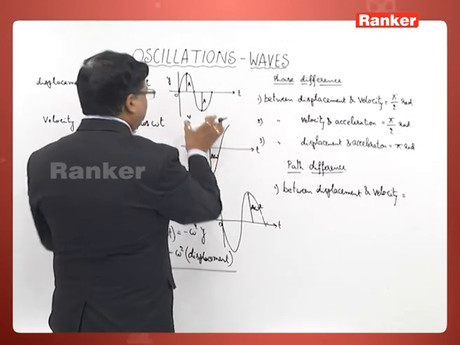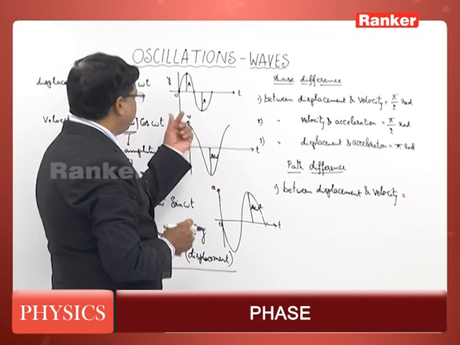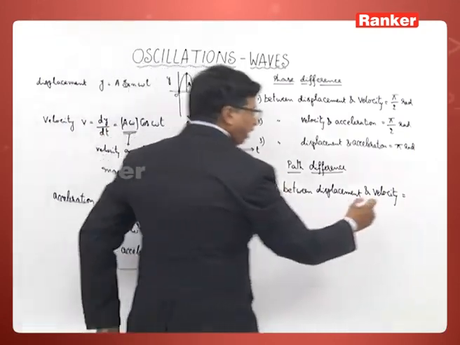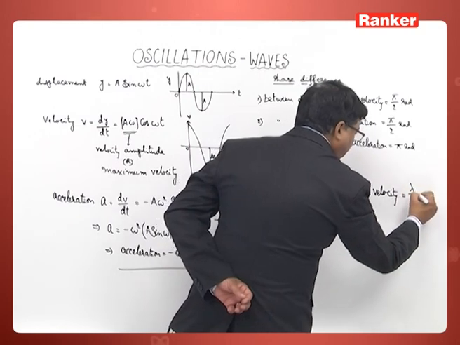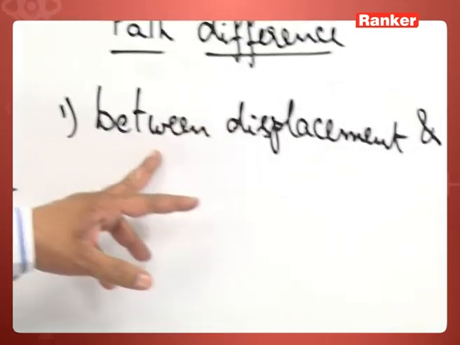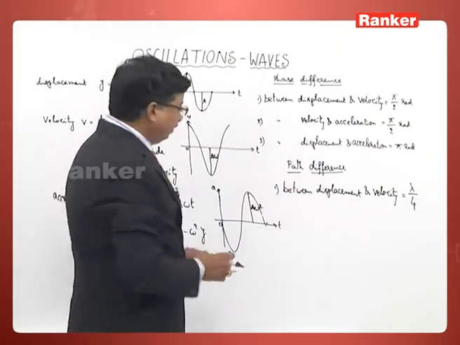You can directly understand the difference between these two graphical representations if you look: it is 1/4 of a wave. So, we can directly write it as lambda by 4. So, what is the path difference between displacement and velocity? That is lambda by 4.